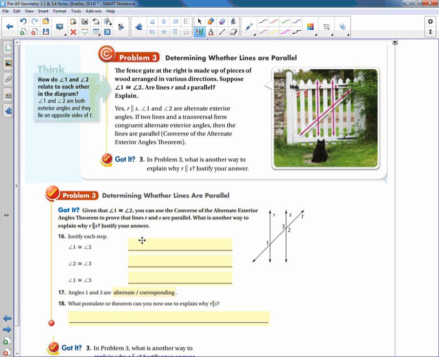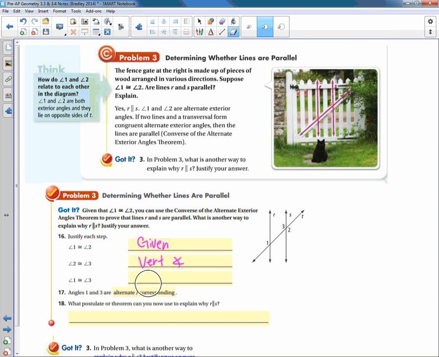So if 1 and 2 is given, 2 and 3 are what? Vertical angles. And 1 and 3 are corresponding. Now, this would actually be because of substitution, though, right? And then they would be corresponding.